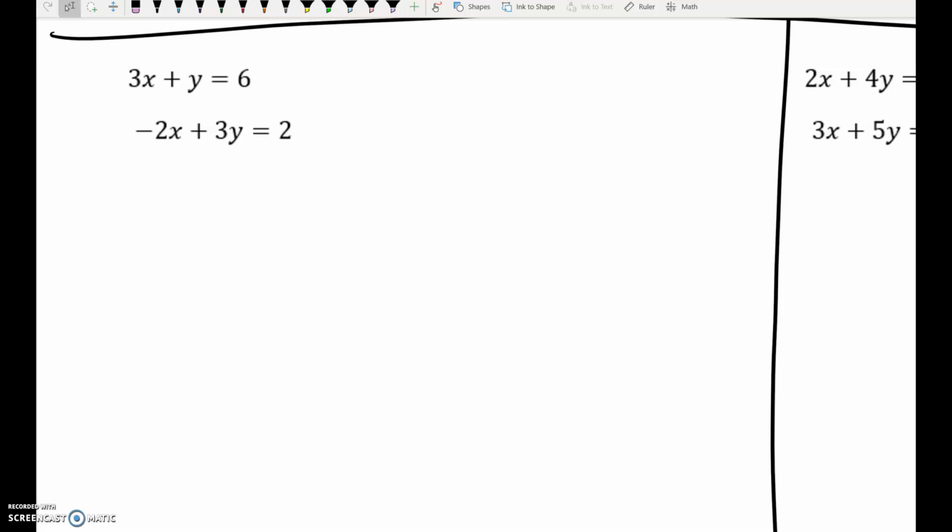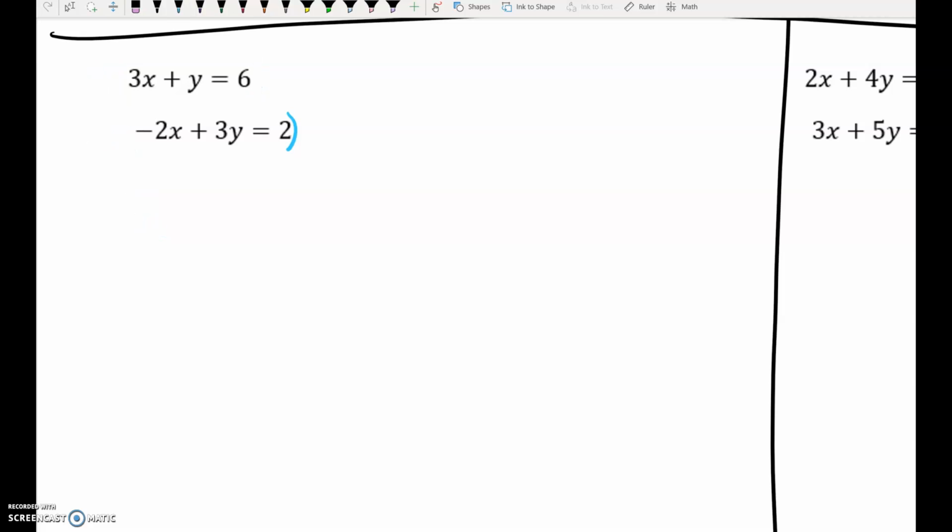When you think of 3 and 2, the number 6 hopefully pops into your head. So if we were doing that, I'm not saying that we're going to, but that's one option. You'd multiply the entire top equation by 2. You'd multiply the entire bottom equation by 3, because your goal would be to get positive 6x on the top and negative 6x on the bottom.